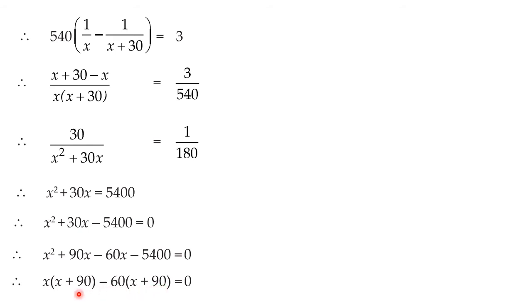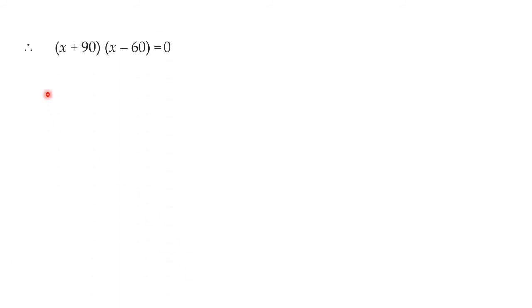So now the two brackets we will get as x plus 90 and x minus 60. Okay, so the factors for this polynomial we got as x plus 90 and x minus 60, and we are going to write equal to 0 in front of that. So x plus 90 into x minus 60 is equal to 0.